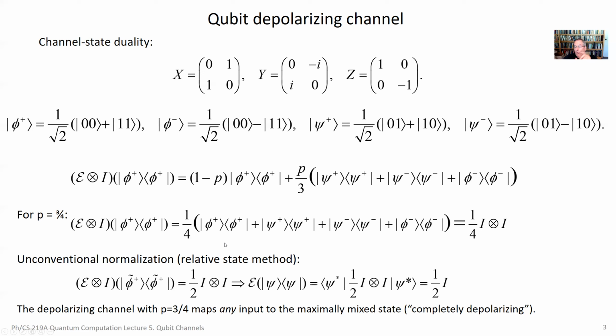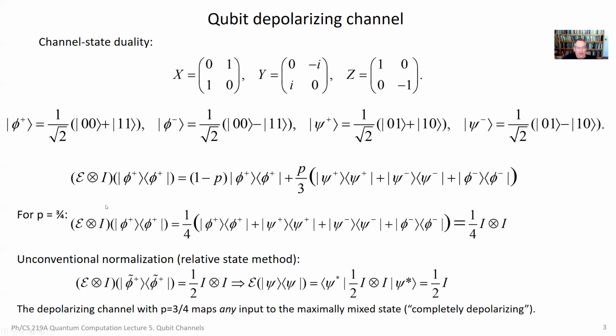Now, if you remember how our relative state method works, we can apply it here to see how the channel itself acts on a desired input state. You remember I did a funny thing when I defined this relative state representation.